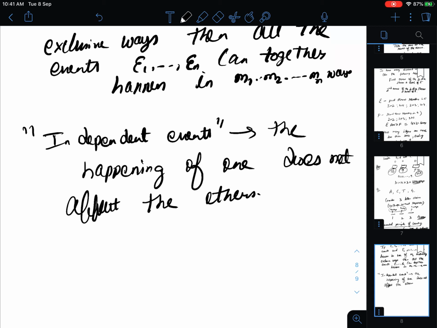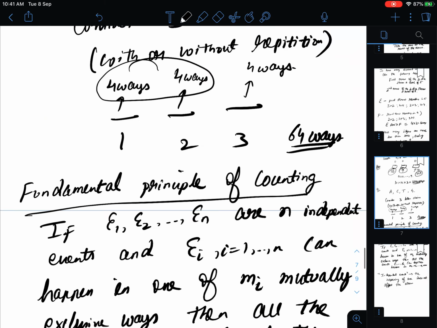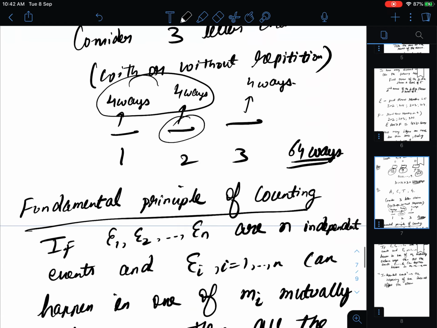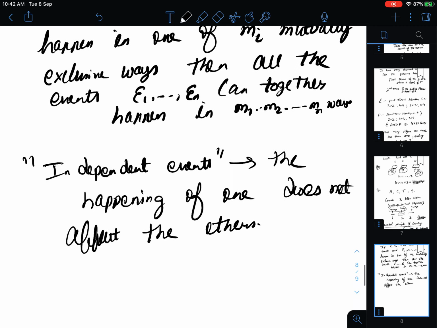Okay, in the above example of the 3-letter DNA chain, the filling up of, let's say, the second place, for instance, has nothing to do with the filling up of either the first place or the third place. Okay, all right.